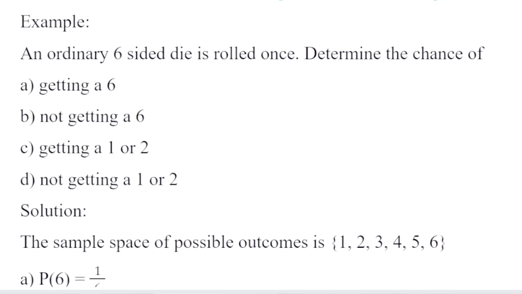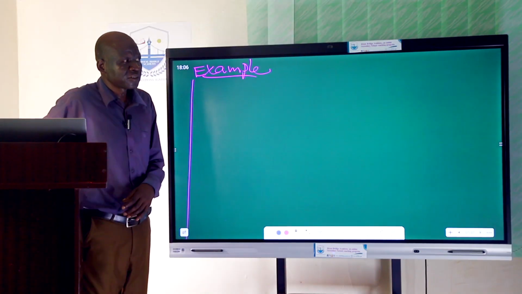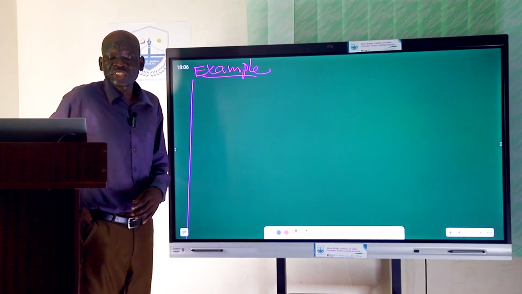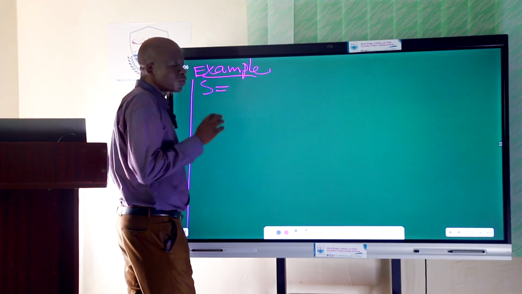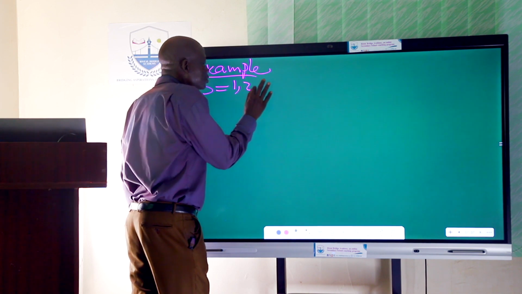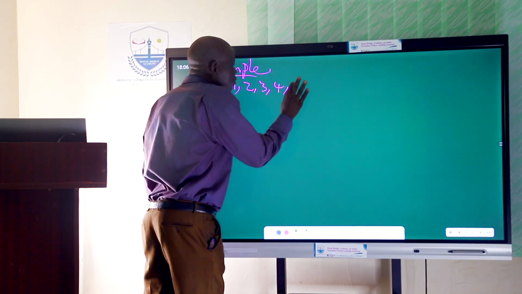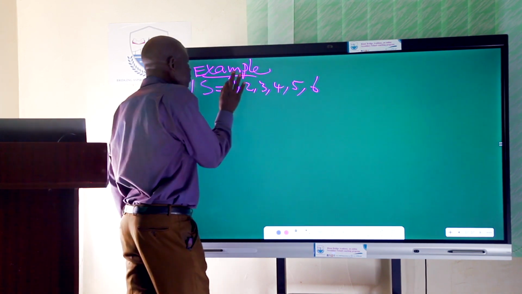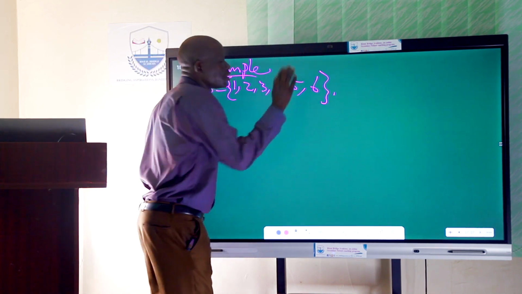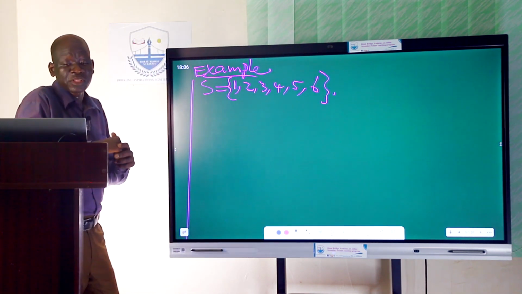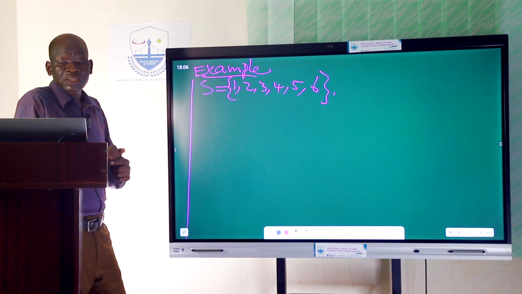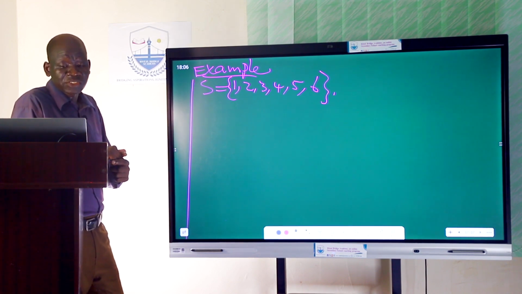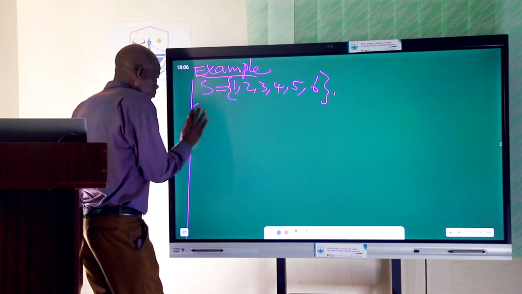So here, we need to know first of all, if they say it is a die, the die has got 6 faces, meaning that the sample space of the die will equal 1, 2, 3, 4, 5, 6. You list the number of faces on the die. Now, if an ordinary die is rolled once, determine the chance of getting a 6.